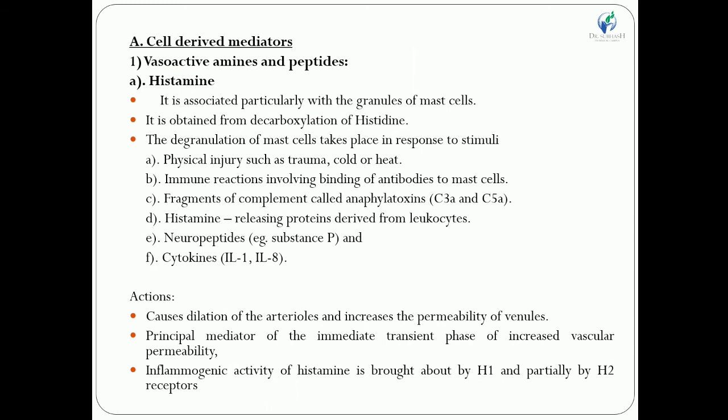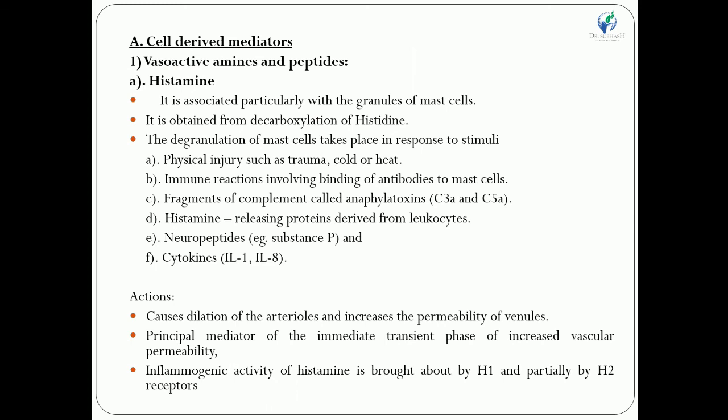During that antigen antibody reaction, there will be degranulation of those mast cells, and once the mast cell undergoes degranulation, it releases histamine. Here the fragments of the complement called anaphylatoxins, like C3a and C5a, can act as a stimulus.